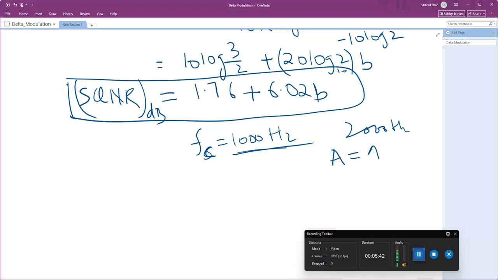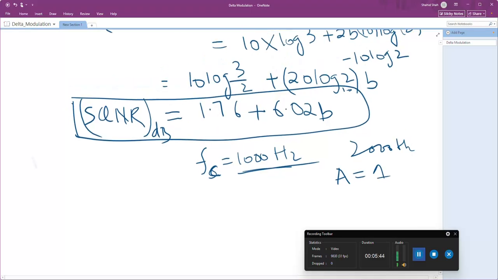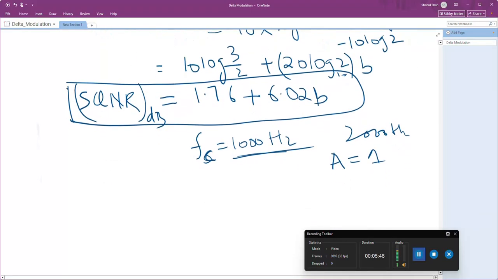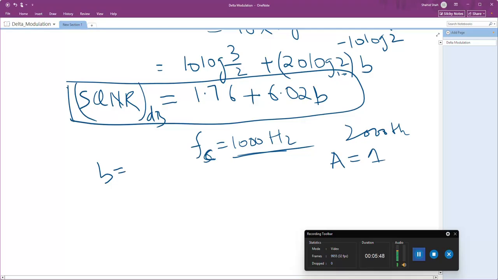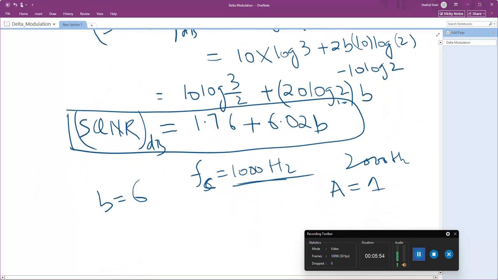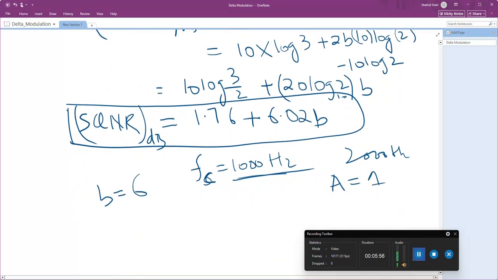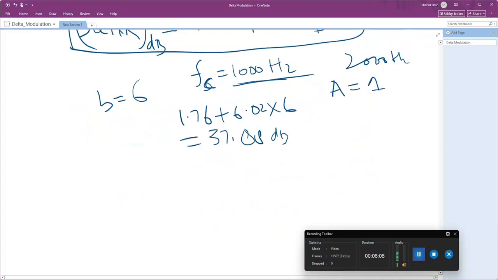Let's say that A is equal to 1, then we can compute the signal power. Let's say b is equal to 6 bits, you want to map it to 6 bits. Then you can compute the SQNR, and finally you will get 1.76 plus 6.02 times 6, which is equal to 37.88 in dBs.